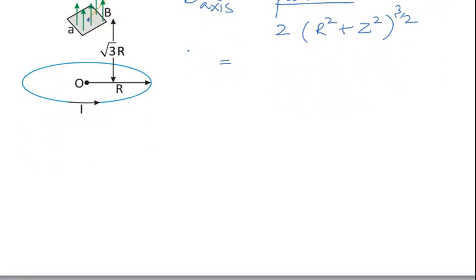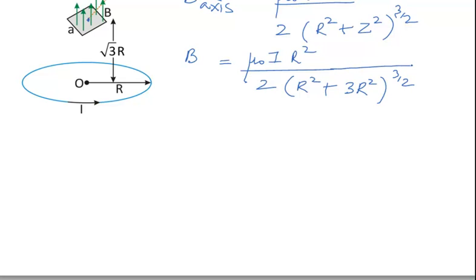So in this case, the magnetic field B will be given by mu naught current I r square upon 2 times r square plus root 3 whole square, that is 3r square, to the power 3 by 2, which can be written as mu naught I times r square upon 2 times 4r square to the power 3 by 2.